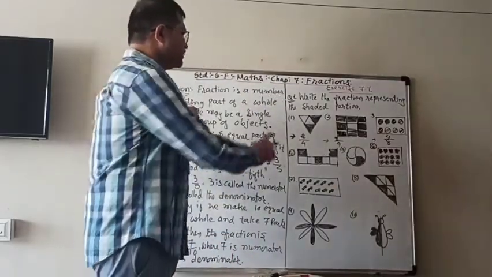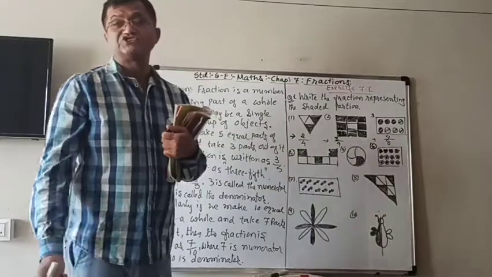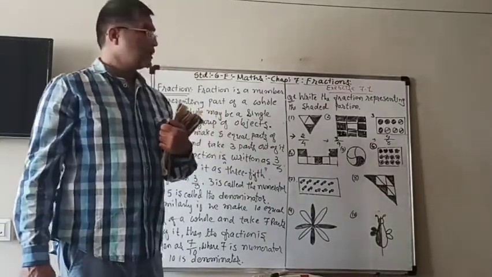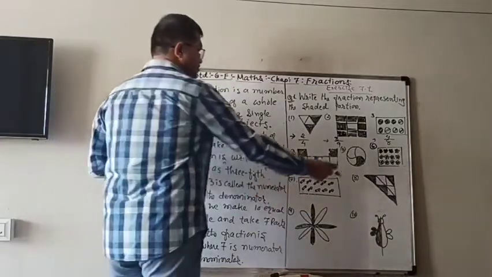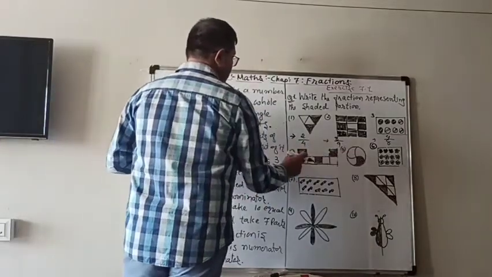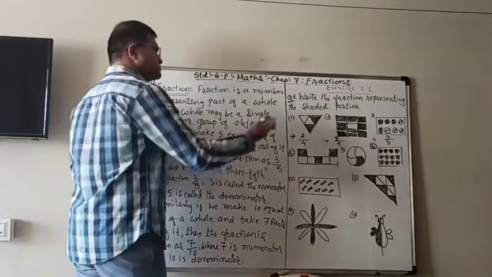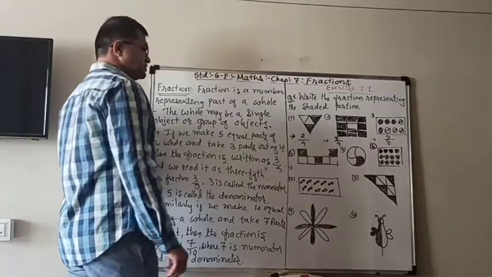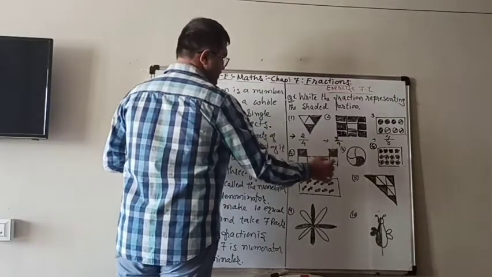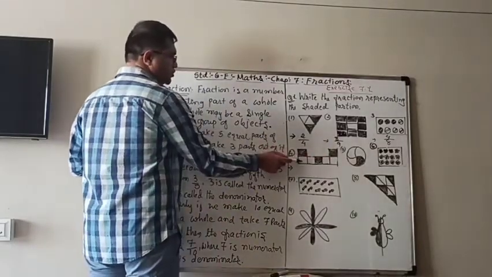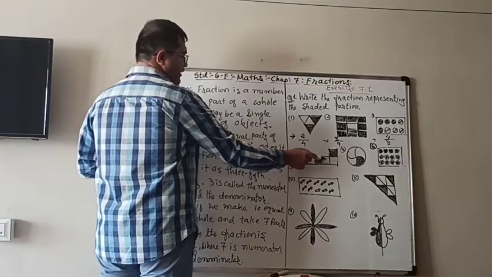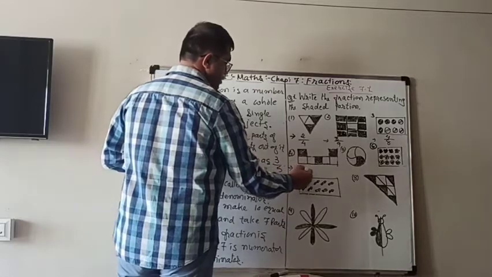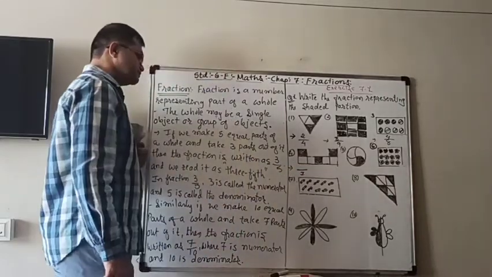Now the 4th and 5th, only the numbers are changed by mistake on this board. So actually this is the 4th, but I drew this one first, so let's do the same, that doesn't matter. Now here you can see that this figure is divided into 1, 2, 3, 4, 5, 6 and 7 equal parts. So the denominator is 7.